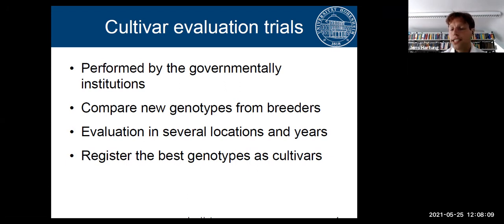After this testing process, the best genotypes are registered as cultivars, and only these cultivars are allowed to be grown by farmers. So the aim of the breeder is that the genotype is registered in the end, and in between there is some selection and only the best genotypes are registered.